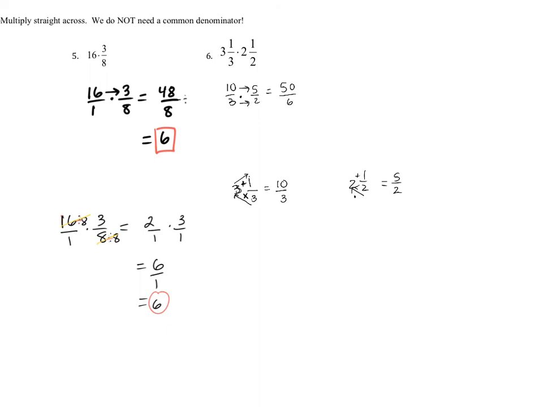So 50/6, and then if we want to figure out how many whole pieces there are, because there are 6/6 in one whole, then we can just figure out, let's see, how many 6s are there in that. 6 times 8 is 48. And then there'd be 2 left over.